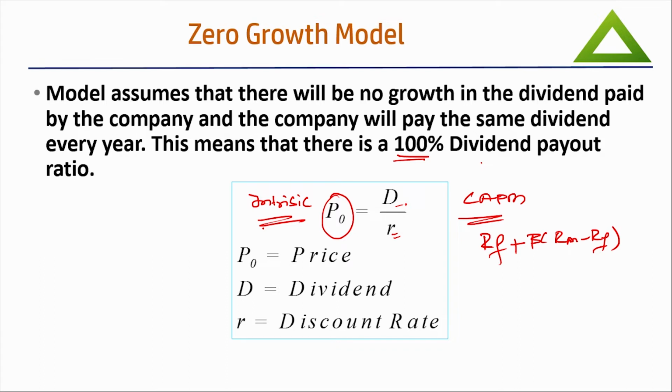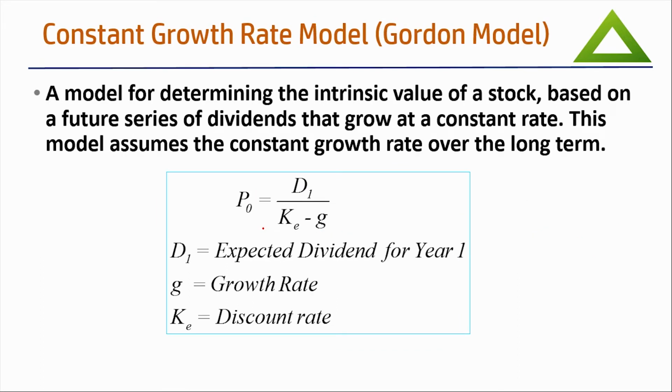That was the first model. Quickly moving on to the second one, which is the present value of growing perpetuity model, the constant growth model. It is also known as Gordon's model. The assumptions made it very popular. It is a model for determining the intrinsic value of a stock based on a future series of dividends that grow at a constant rate.